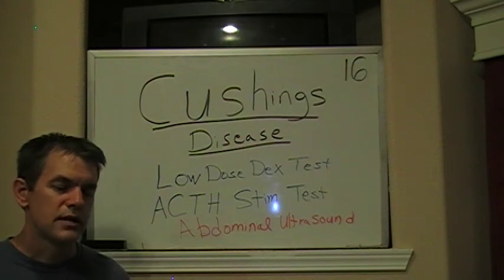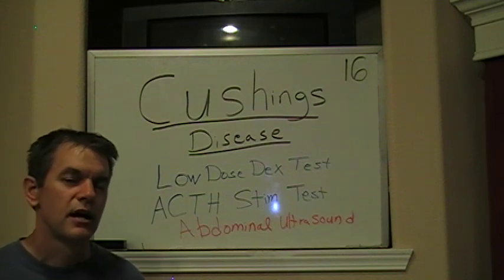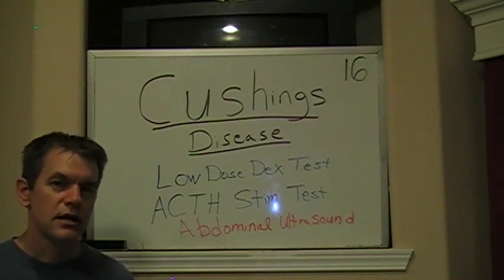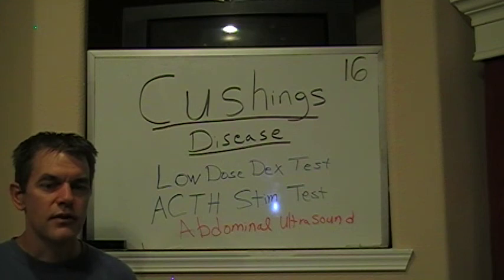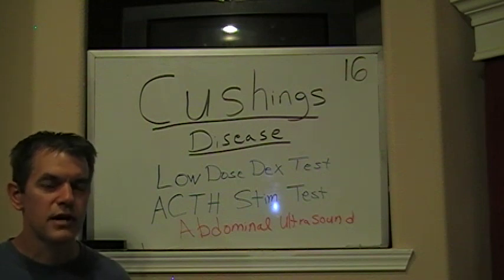And it takes a fairly skilled ultrasonographer to be able to identify an adrenal gland, whether it's enlarged, and so your vet might have to refer your pet for that ultrasound. Some clinics are equipped and have the expertise to do that.